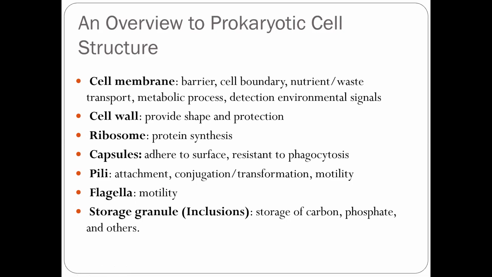We call it peritrichous. E. coli has only one flagellum on one end, which we call monotrichous. We have a slide later to talk about that. Now granules, which we call inclusions, mean storage of carbon, phosphate, and other chemical compounds.